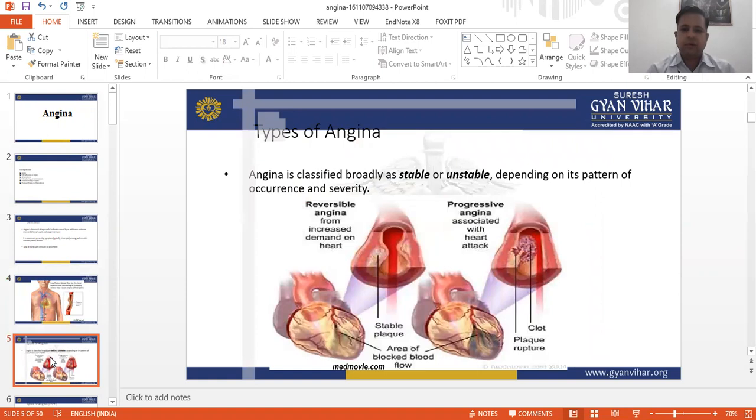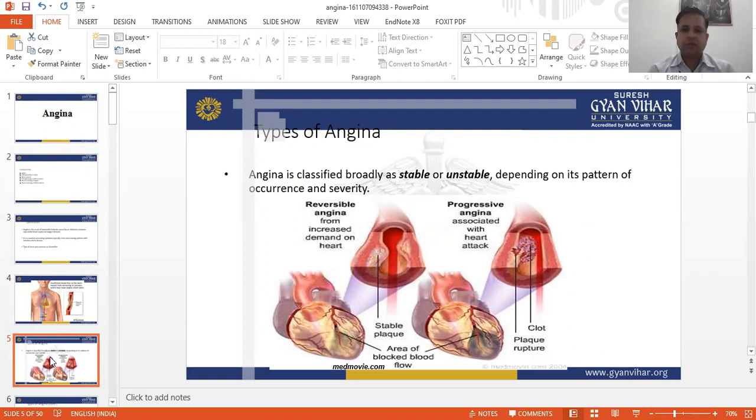Types of angina. Angina is classified broadly as stable or unstable, depending on its pattern of occurrence and severity. You can see in this image reversible angina and progressive angina.